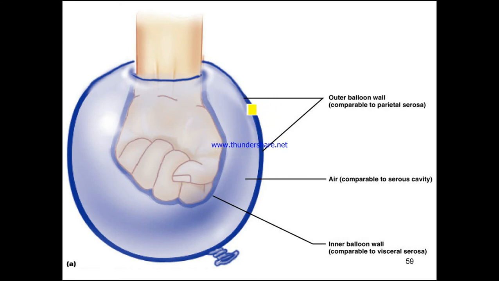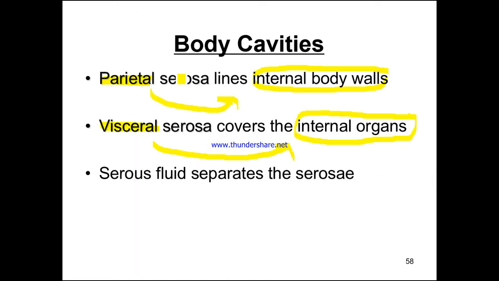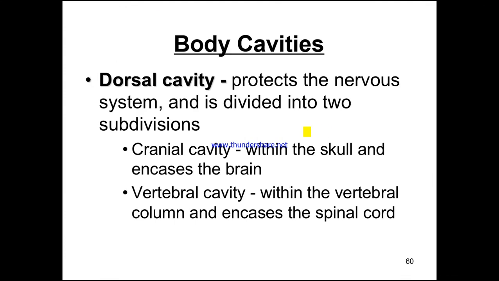We'll look at an example for the lung as we go through the chest wall, which we're going to be doing very shortly. So remember: parietal, internal body wall; visceral, viscera, internal organs. Body cavities. We have a dorsal cavity, which protects the nervous system and is divided into two subdivisions.